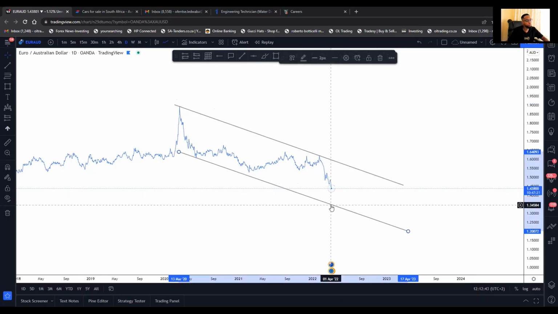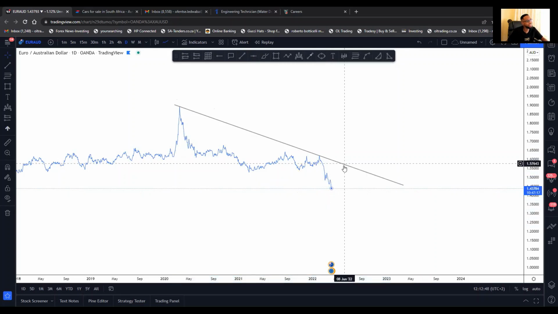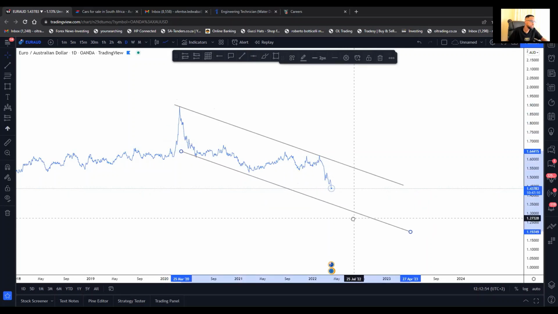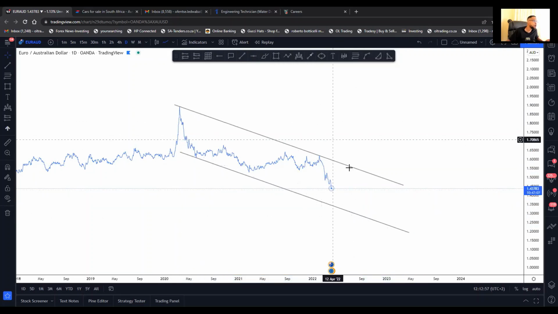But most importantly, I prefer using Control because it will give you the exact line shape as this one. So I'll just do this, then put it here. So you can see now I have a channel.